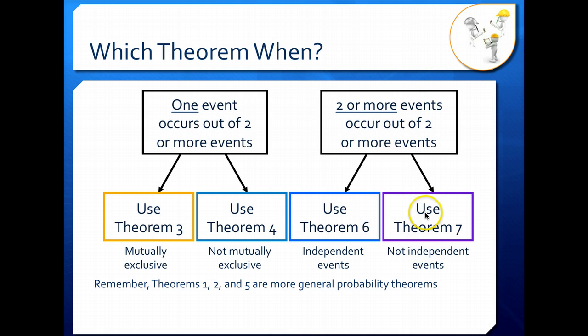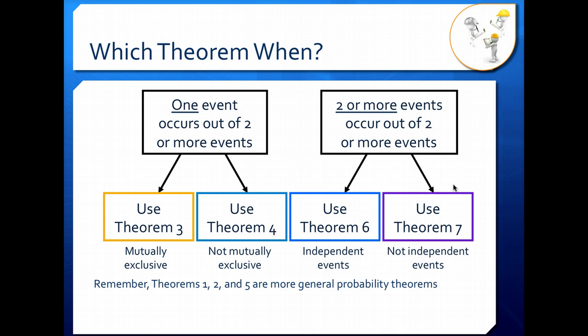If your events are non-independent, so the probability of your second event is dependent on what happens in the first trial, then you're going to use Theorem 7. Theorems 1, 2, and 5 are more general probability theorems, and they apply regardless of how many events you have going on. But when you're deciding between one event and two or more events, that's when what theorem you use makes a difference.